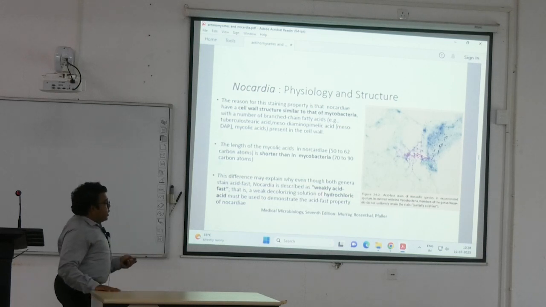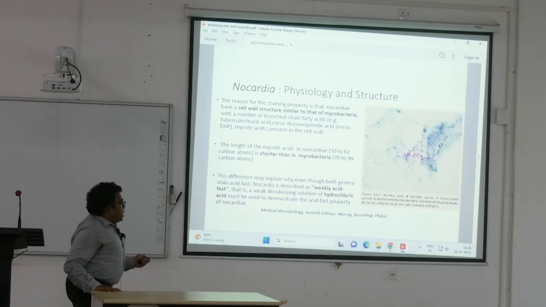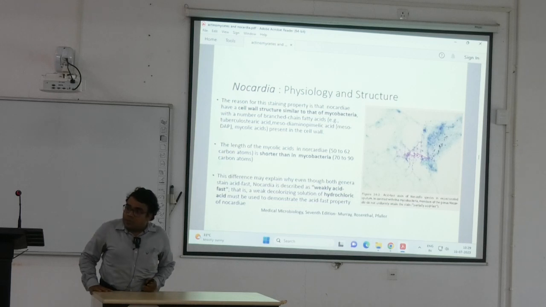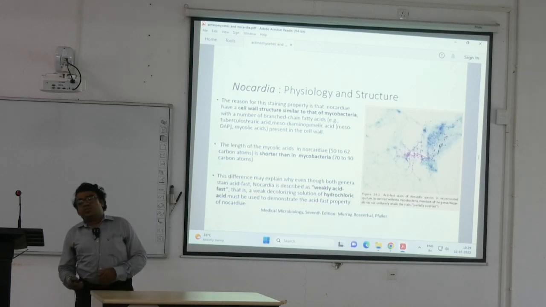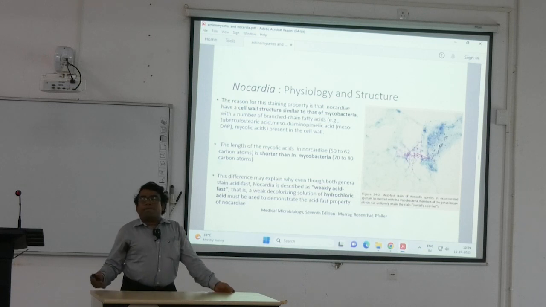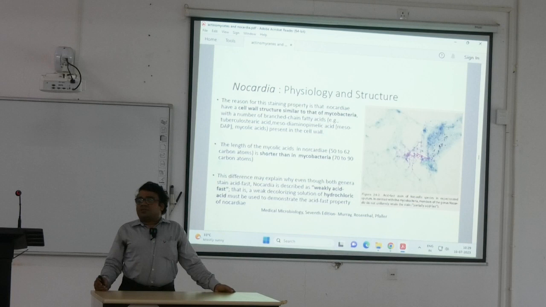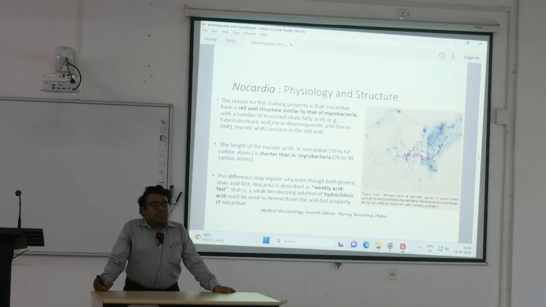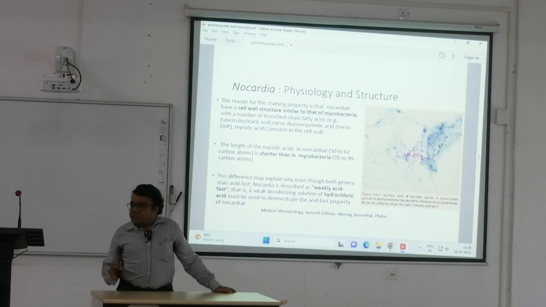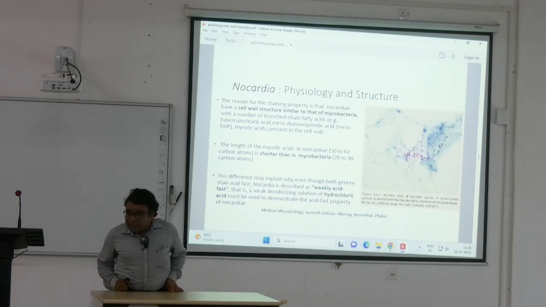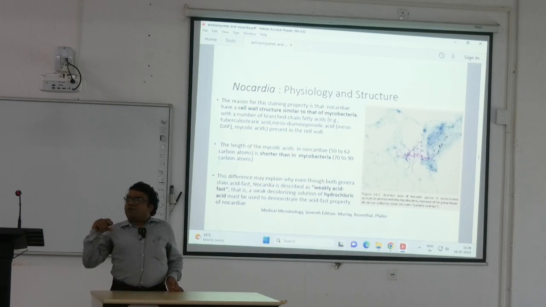The difference is that we can appreciate this acid fastness when we are using a weak solution like hydrochloric acid. What was the acid that was used in staining Mycobacteria? 20 to 25% sulfuric acid, or 5% in case of Mycobacterium leprae, but the acid was sulfuric acid. But over here, although the bacteria has mycolic acids, there are different properties.